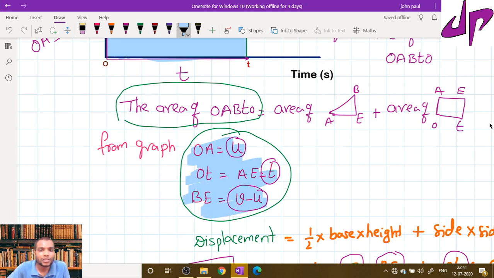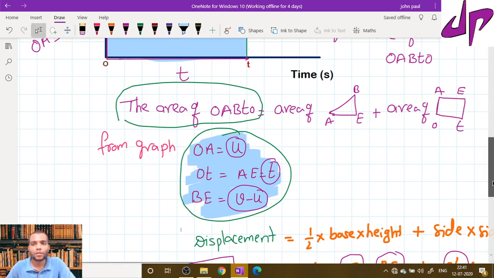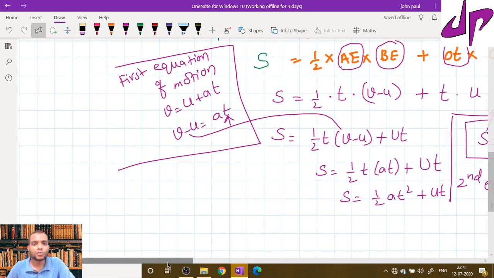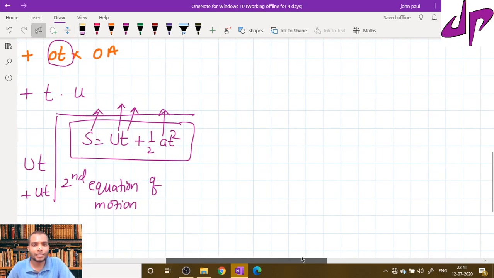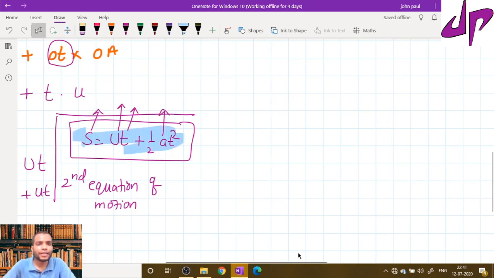Understand these points very carefully, so you don't feel any difficulty deriving the second equation of motion. So finally, the second equation of motion is s equals ut plus half at square, which relates displacement, initial velocity, time, and acceleration.